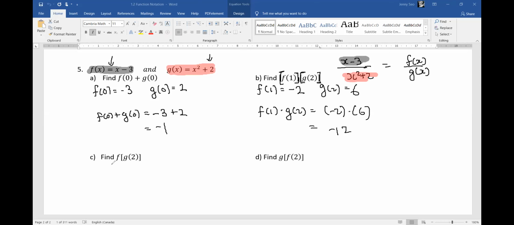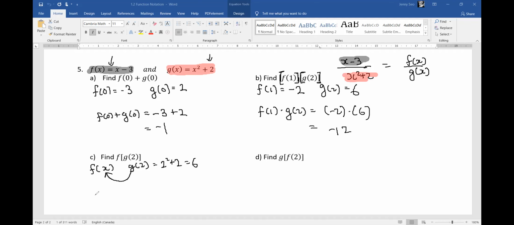Yeah, absolutely. So I have f of x, right? Clearly that says f of something. But what do I put in as my value of x? Whatever the value of g of 2 is. You get it? So what is g of 2? Well, 2 squared plus 2 is 6.